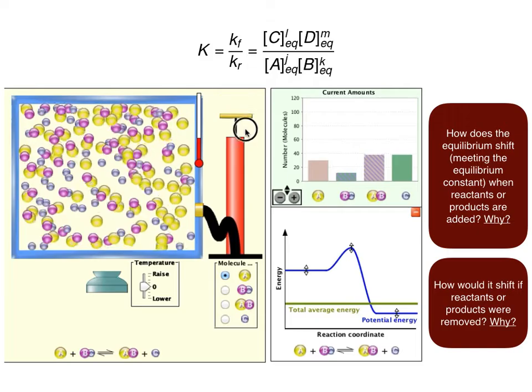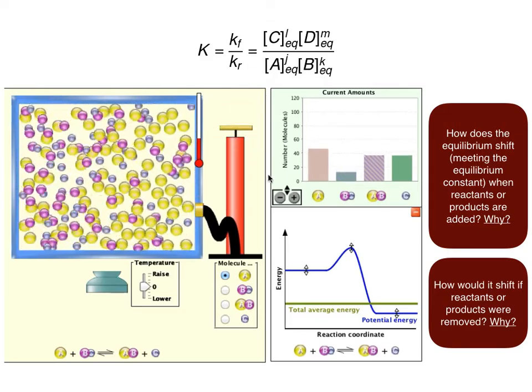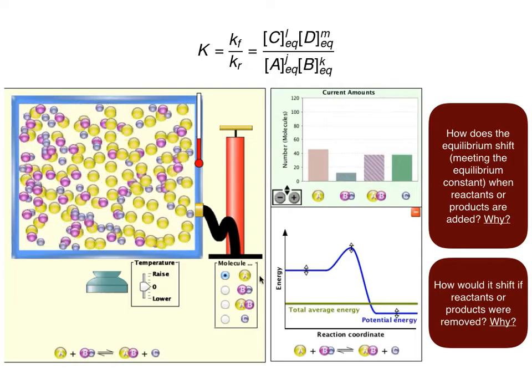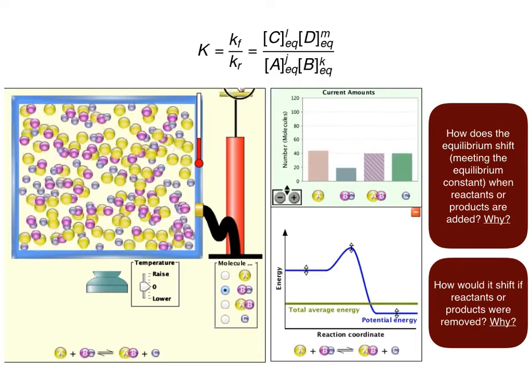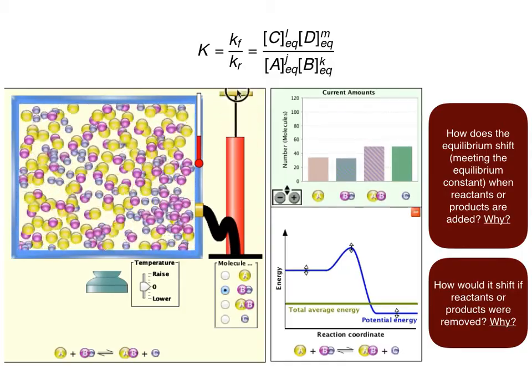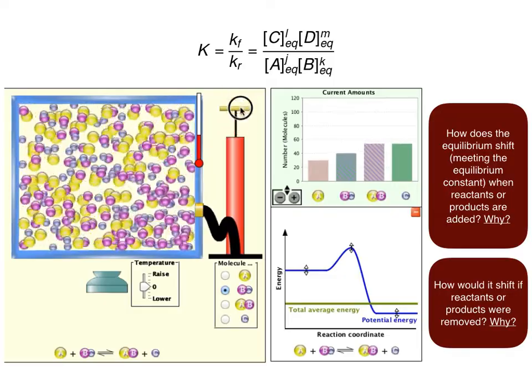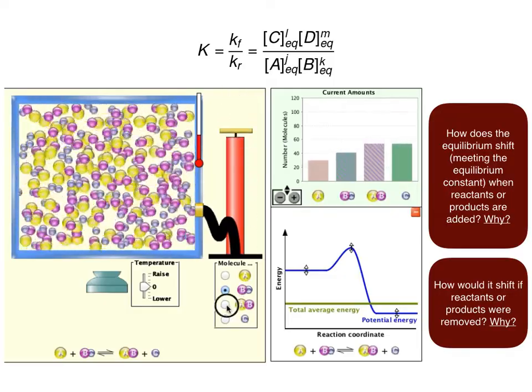Therefore, if the system becomes disturbed in some way, say by adding more reactants or more products, or by removing reactants or removing products, then the system will shift in a way to reduce the effects of that stress and thus recreate the same constant value at a given temperature.